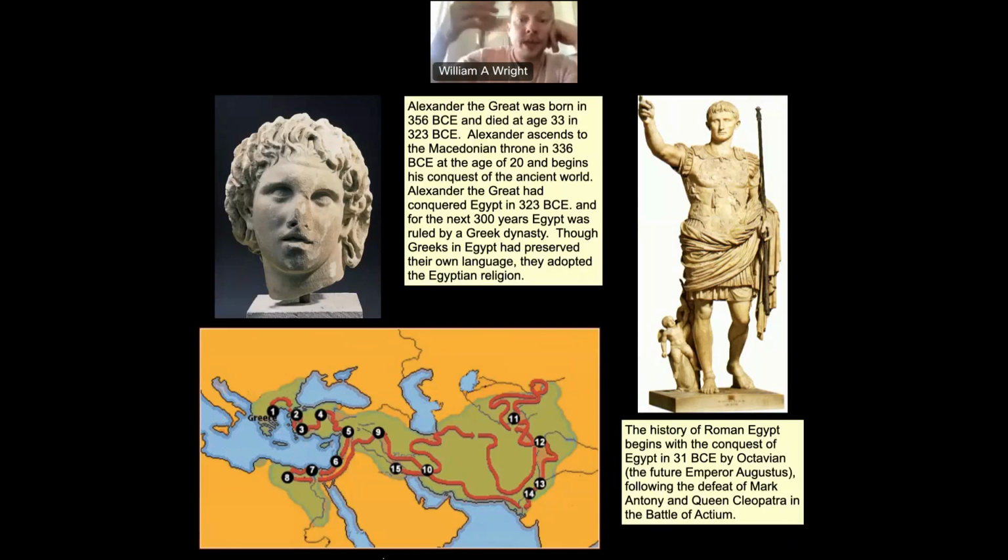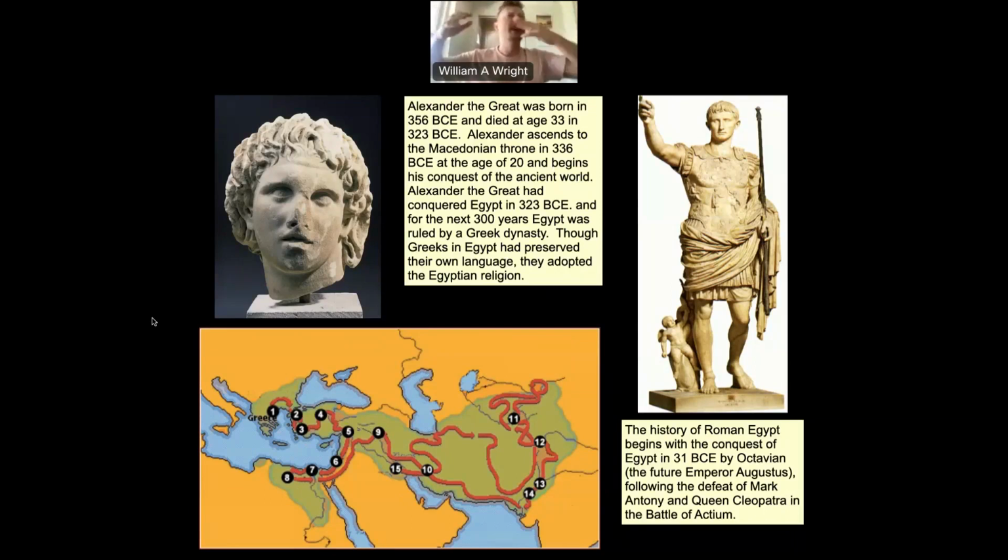Now, after his death, for the next 300 years, Egypt was ruled by a Greek dynasty. In this, the Greeks basically encompass and grow.